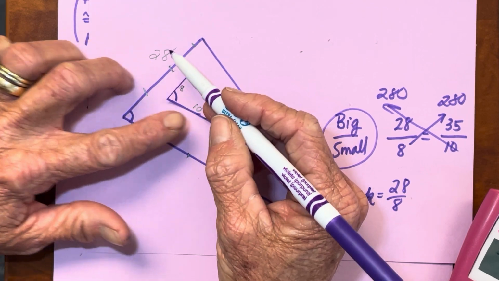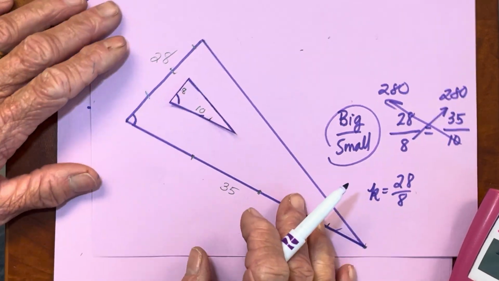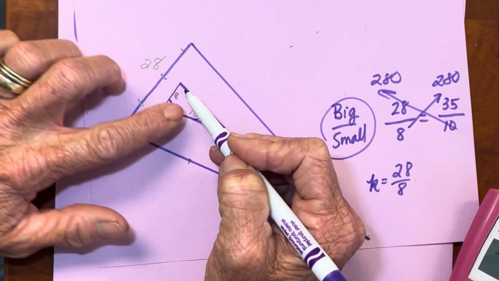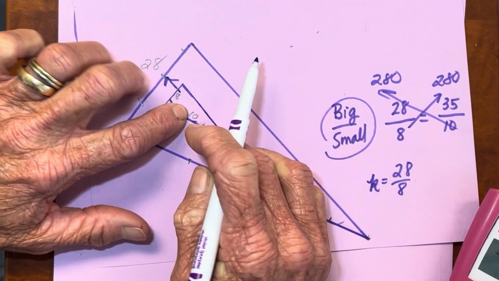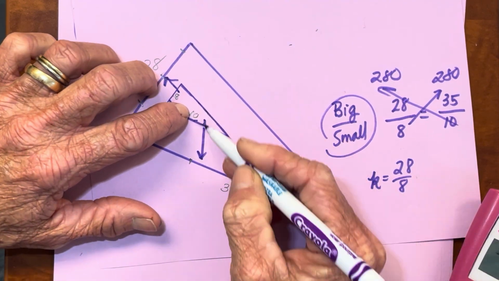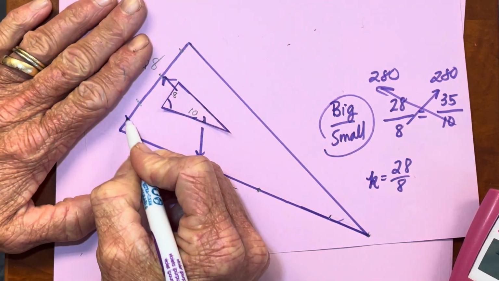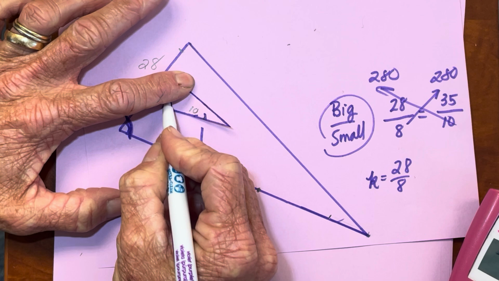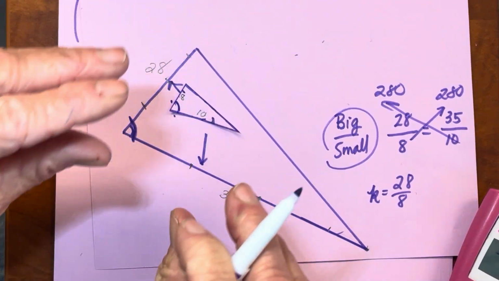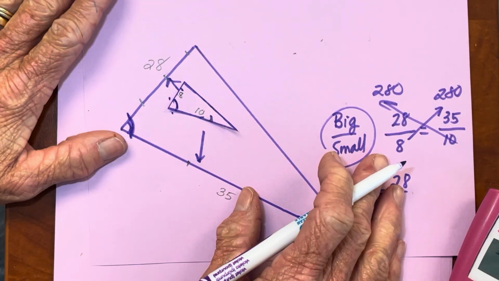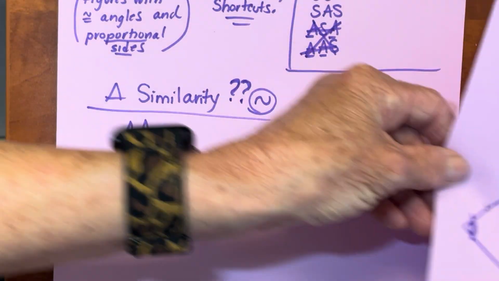So the sides in the big are 3.5 times larger. As long as you have a pair of corresponding sides and another pair of corresponding sides where that matches and the angle included between them is congruent, that's enough to guarantee that we are indeed working with similar triangles.